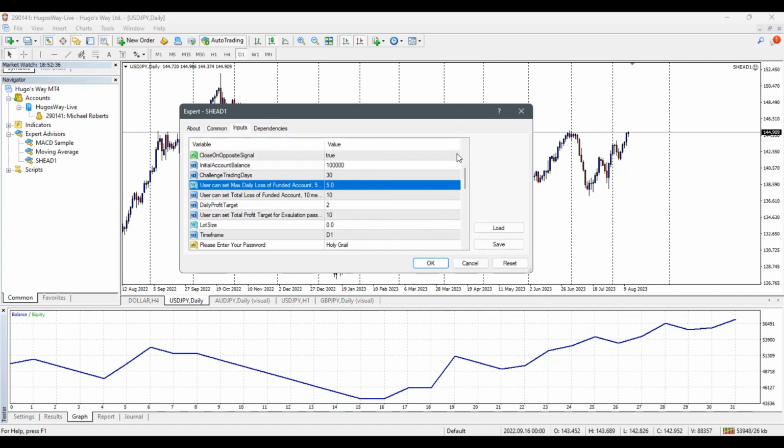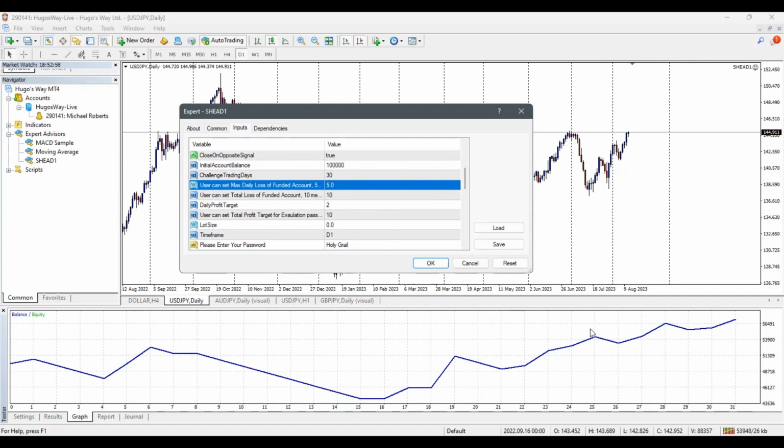If you have a one-step challenge, then it will just switch off the same way, and then you're going to choose funded mode, and then it'll continue trading. When it's in funded mode, it's not going to close at 10% unless you turn that on. But in the challenge modes, stage 1, stage 2, you put in your details of how many days you have for the challenge and what the profit target is, and the robot's going to monitor it automatically.